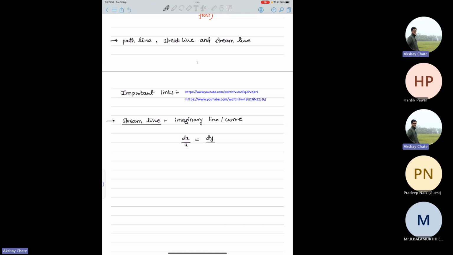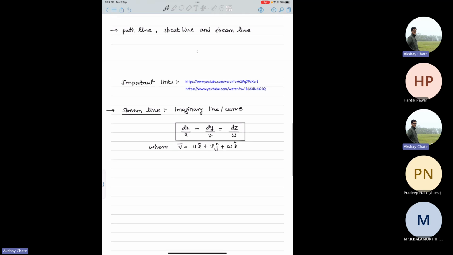So this is the equation of any streamline: dx by u equal to dy by v equal to dz by w. What is u, v, w? If you have a velocity vector, u is the x direction component, v is the j direction, and w is the k direction. If you remember this formula, your life will be very easy.